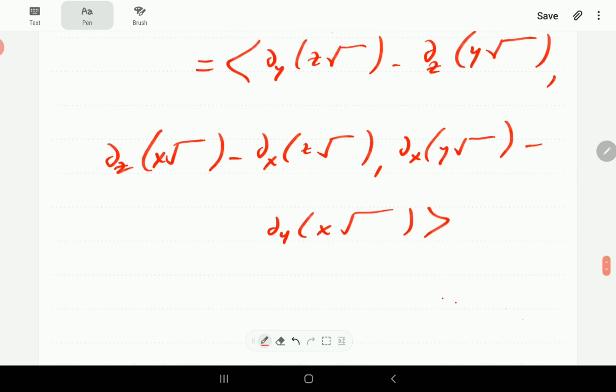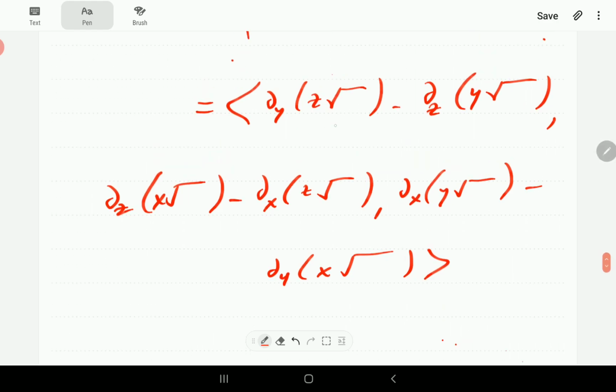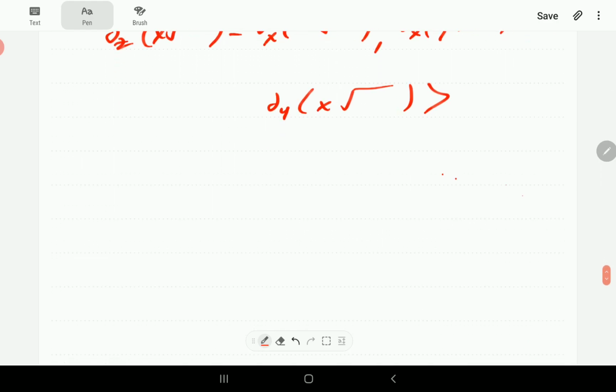All the square roots are square roots of x squared plus y squared plus z squared. Again, we're just going to work one out and then use the symmetry property to infer the others.